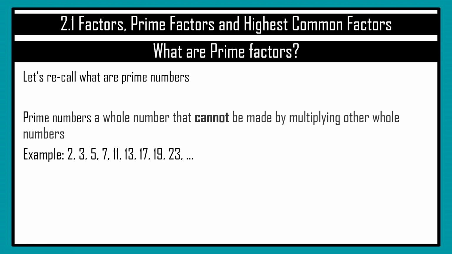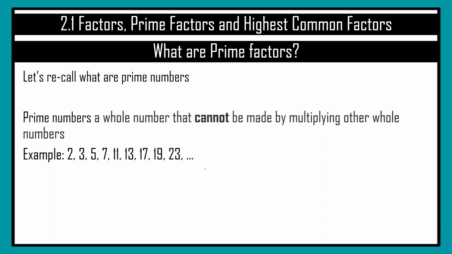What are prime factors? In order for us to understand what a prime factor is, we must recall what a prime number is. A prime number is a whole number that cannot be multiplied with other whole numbers. These are the examples. We start with 2. 1 is not a prime number. 2, 3, 5, 7, 11, 13, 17, 19, 23.